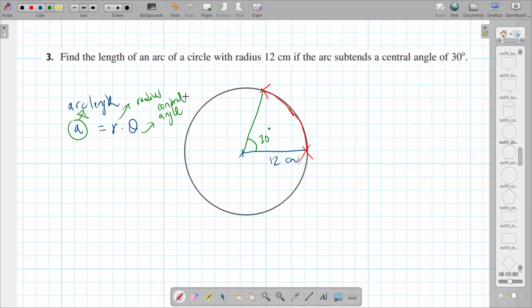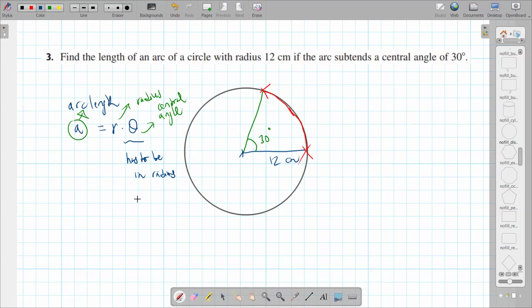Now, here's the thing. The central angle has to be in radians, cannot be in degrees. If it's in degrees, it doesn't work, which is so weird because even later in life, you'll see that some things you're going to use degrees, some things you're going to use radians.